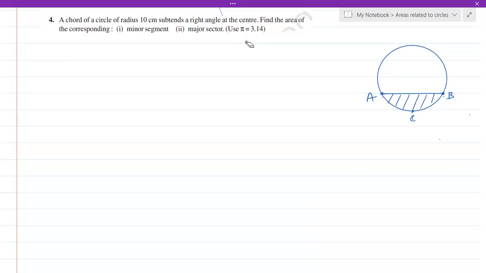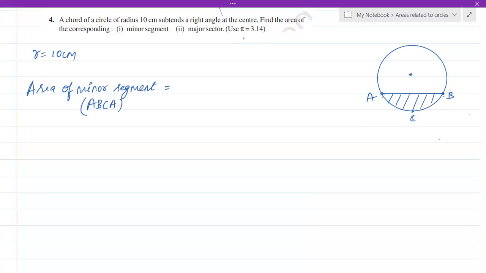The first thing, what is given? Let's write that the radius is given, that is 10 centimeters. And we have to find the area of the minor segment. The name of the segment will be A, B, C, A. They have given that a chord of the circle subtends a right angle at the center.